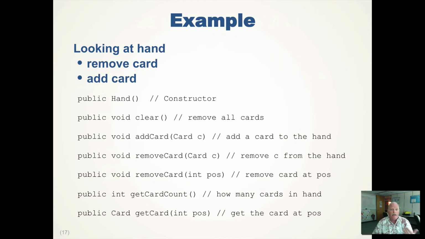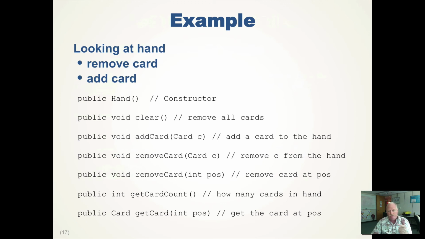Now, if we take a look at the hand class, we can remove cards. They said we could remove a card or we can add cards. So we need a constructor. If we want to be helpful, we might want to have a clear method that removes all the cards. You toss your hand in. And then we have add a card. I can take a card and add it to the hand.